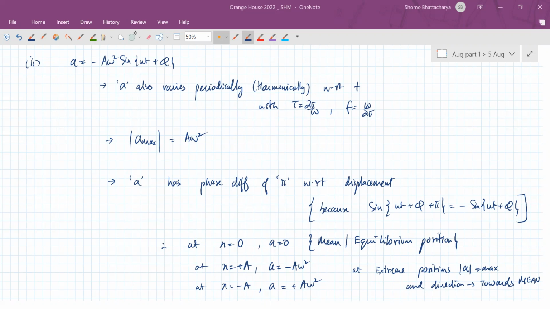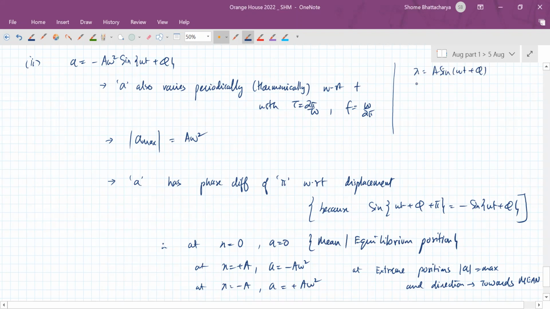Sir, where do we have to substitute x equals A to get the value of acceleration? No. So the point is, see, there is a phase difference of pi between this and this. So you're understanding my point. So x is A sin(omega t + phi).